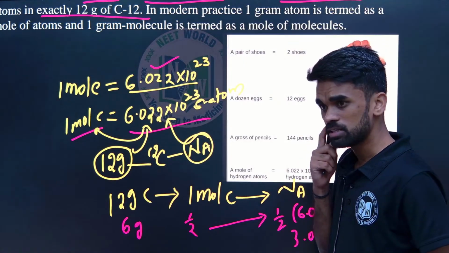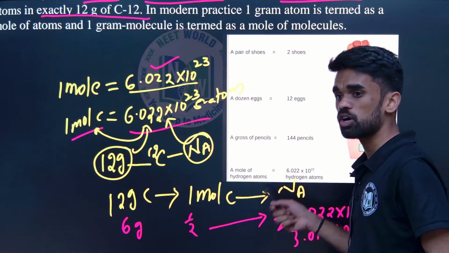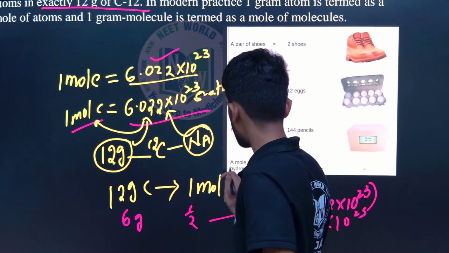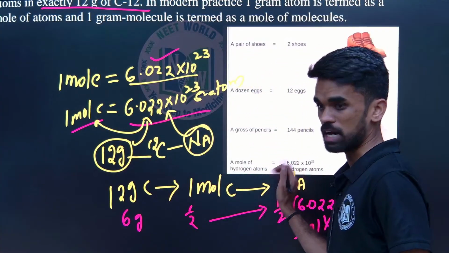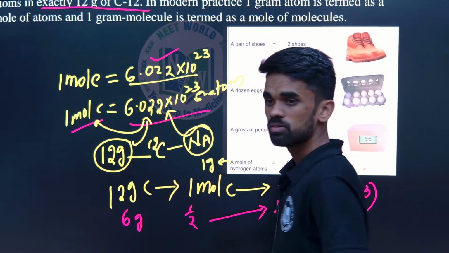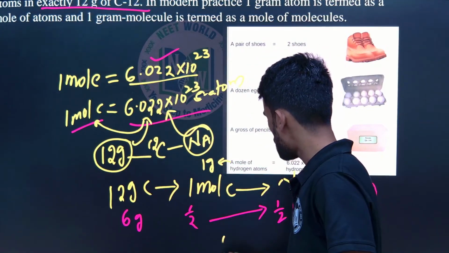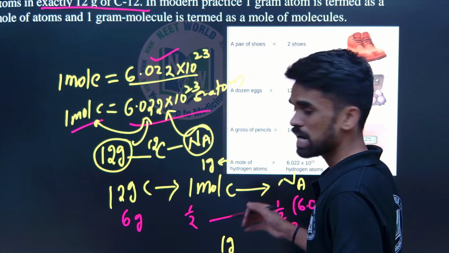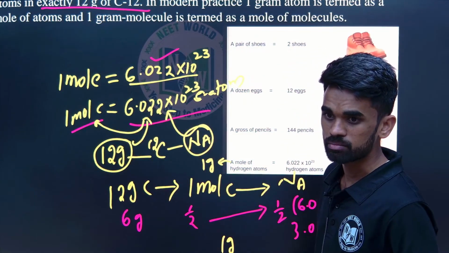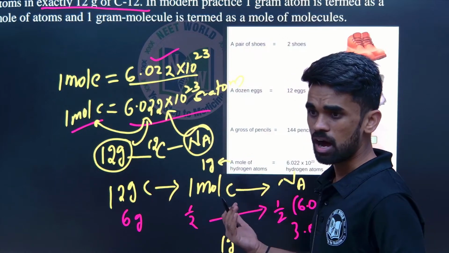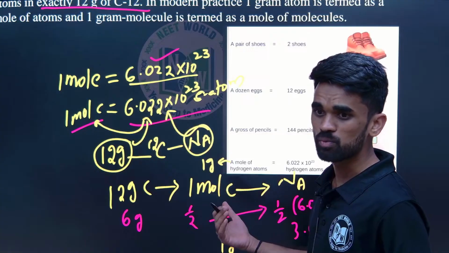For 1 mole of hydrogen atoms, the atomic weight, or gram molecular weight or molar mass, is observed to be 1 gram. So the number of hydrogen atoms present in 1 gram is Avogadro number. Half a gram means half of Avogadro number, half a mole.